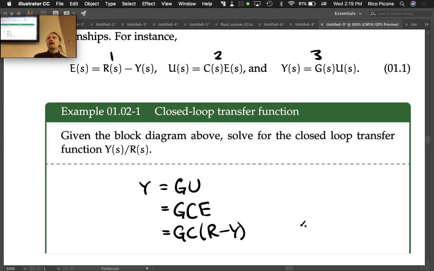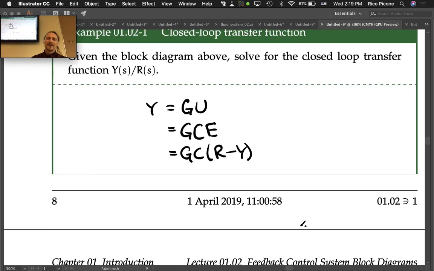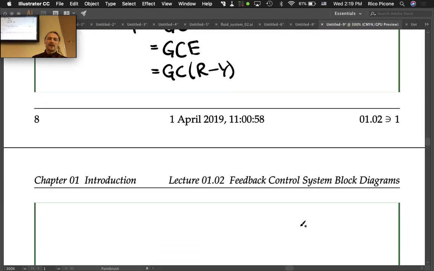If we solve for Y, we're looking for the ratio Y over R, so it stands to reason that a good approach would be to solve for Y and then try dividing both sides by R, and hopefully the R will fall out of the other side. And if it's a linear system, this will happen. Fortunately, we're working with a linear block diagram description.